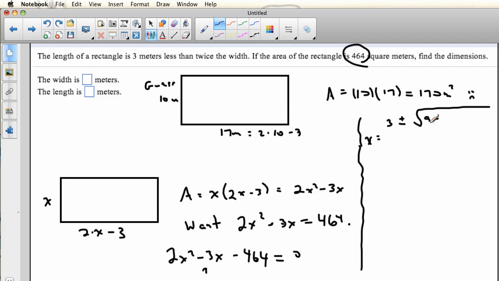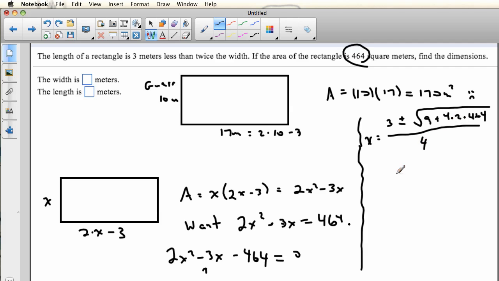And then it's minus 4ac, so 4 times 2 times negative 464. So I'm just going to put 464 here, and since it's negative, it's going to make this a plus. And that's all divided by 2a, so twice a, so 4.